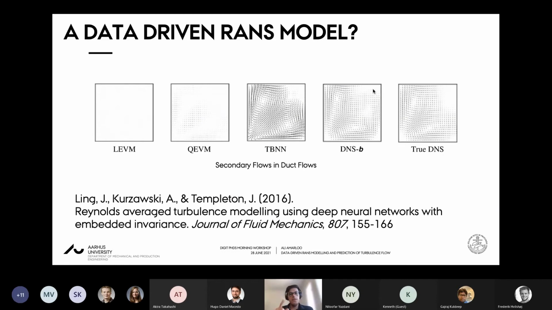One of the first works in this area was published in 2016, and they tried this idea on a duct flow. And you can see on the right the DNS, if you remember, the first type of simulation with all the fluctuations. They took an average of that, and they saw that, okay, we have some rolls inside the duct.